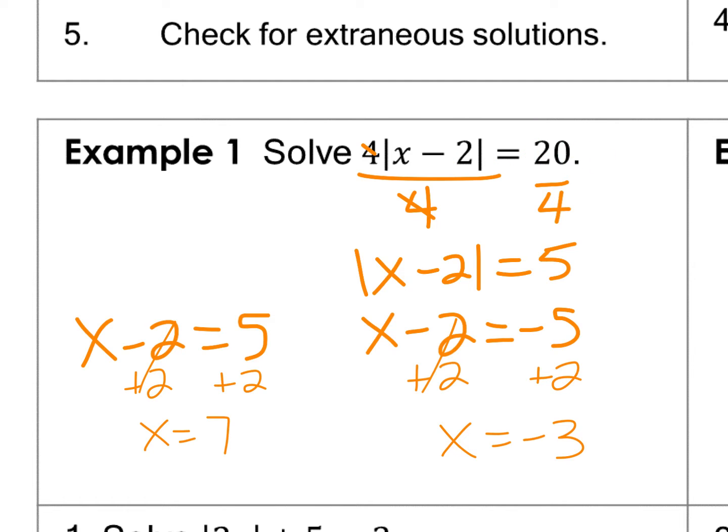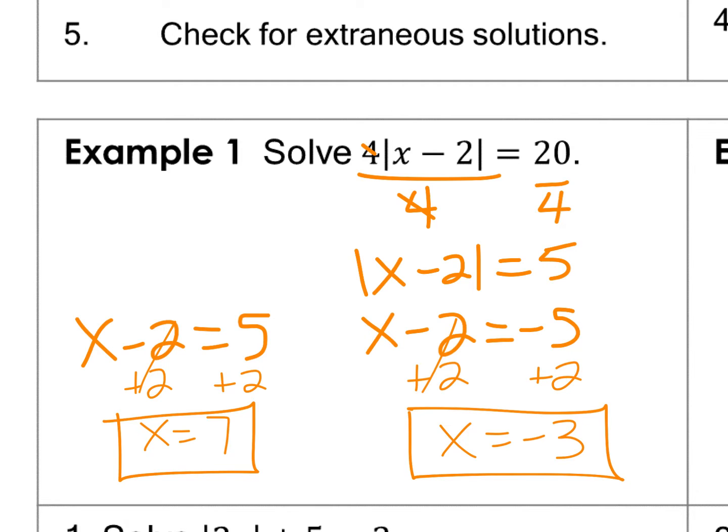Well, that's what it equals, so that's good. I'm going to put a box around it. Let's try -3. Alright, -3 minus 2 is -5, so inside would be -5, but then the absolute value of -5 makes it positive, so now it's +5 times 4 is 20, so this one also works. So we have two answers.